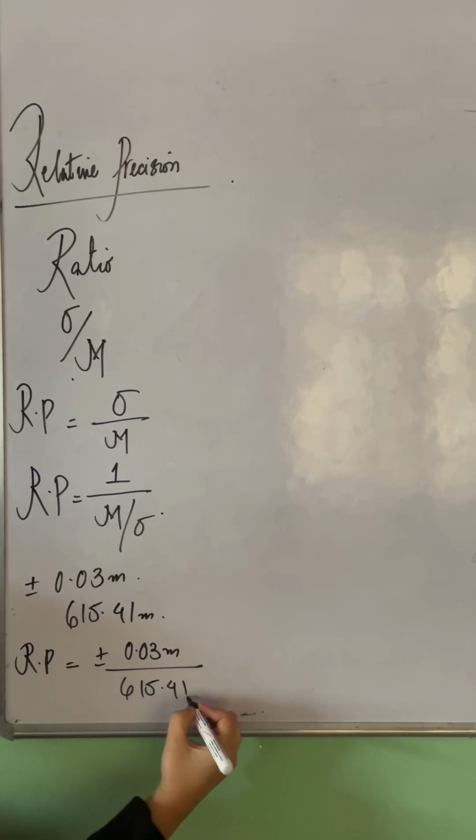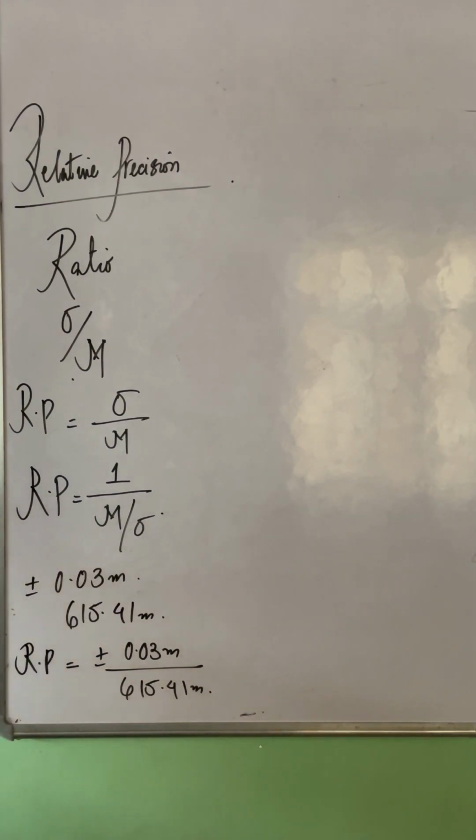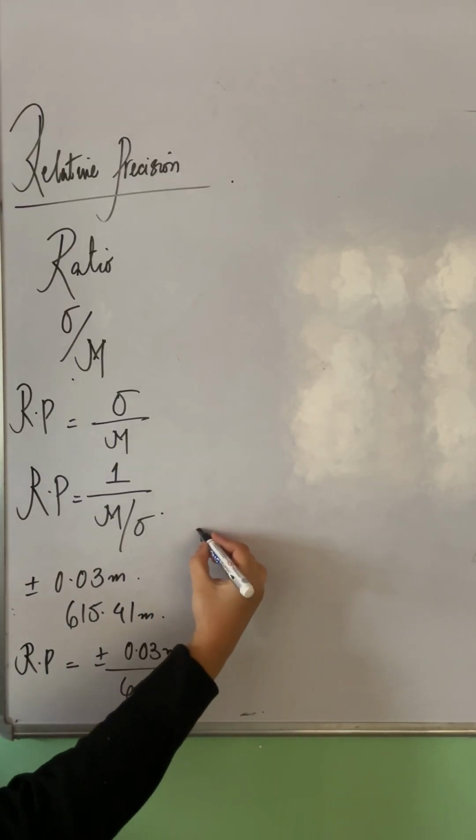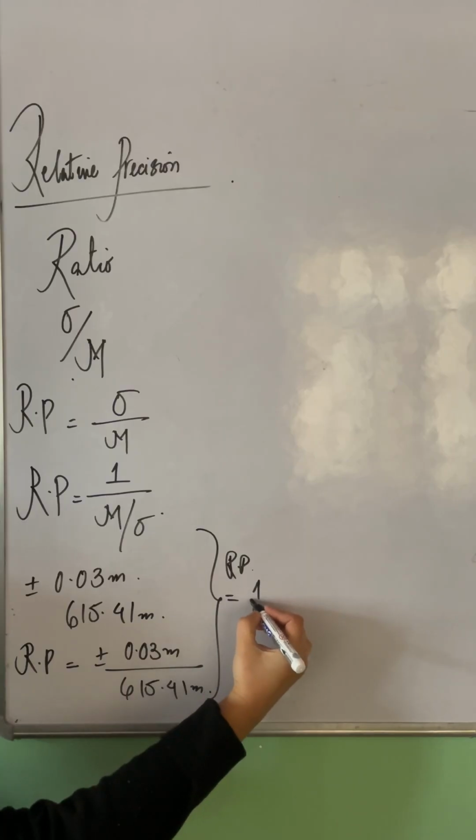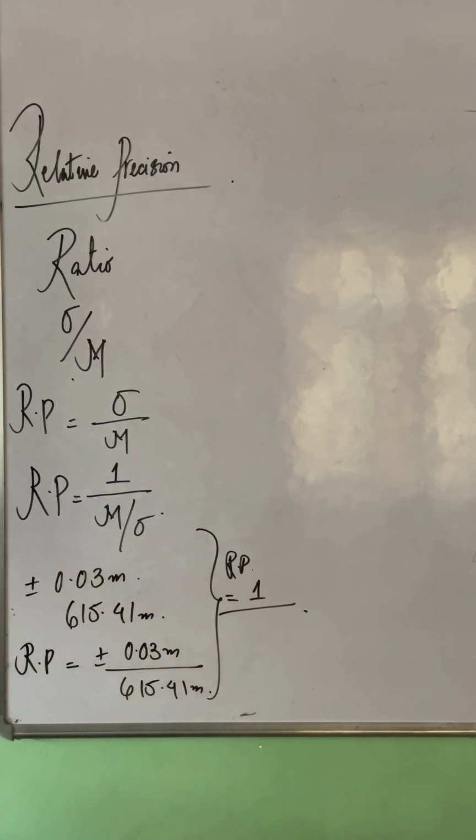And as already discussed, it is taken with the numerator as unity. So by calculations, it will come equivalent to how much? 20513.7.